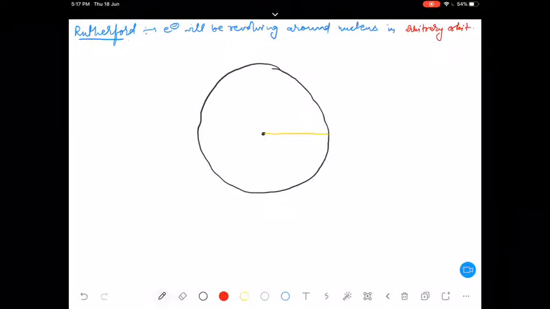Means it will revolve in any random orbit, right? Which was wrong according to Planck's theory. How it was wrong and what new things we obtained, that we are going to discuss.